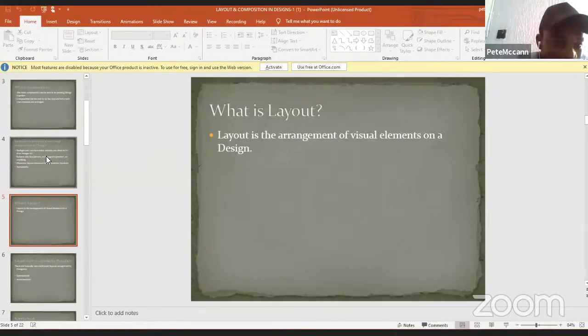What is layout? Layout is the alignment of visual elements in a design. So whatever we can see in a design becomes our layout. Say I have food, maybe a food seller, the way they compose their serving of food onto your plate.